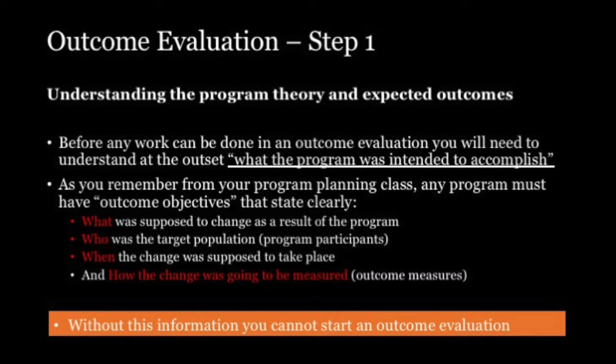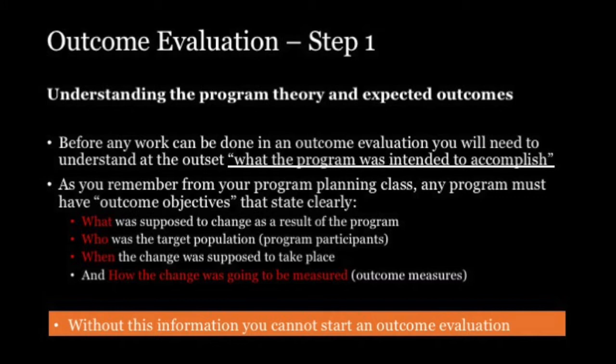Remember, in the program planning lectures, we talked about that every program has to have some outcome objectives. And it has to have a theory on how you're going to achieve those outcome objectives, right? You need some inputs, you need some activities, you need some outputs that will get you to those outcome objectives, which will ultimately get you to your social impact we want to achieve, right?